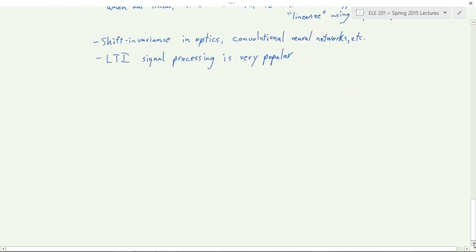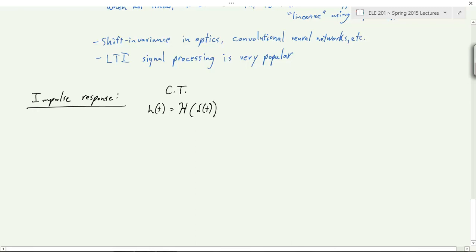Okay, first of all, we have this notion of an impulse response. So in continuous time, we would say the impulse response of a system, h of t, let that be the output that the system produces when you put a delta function into the system.